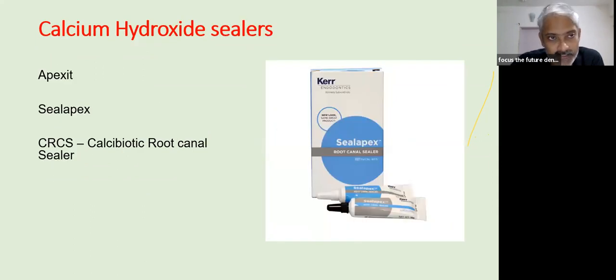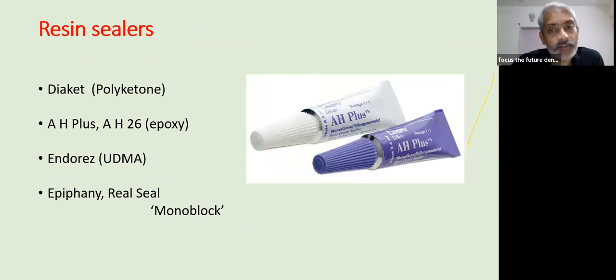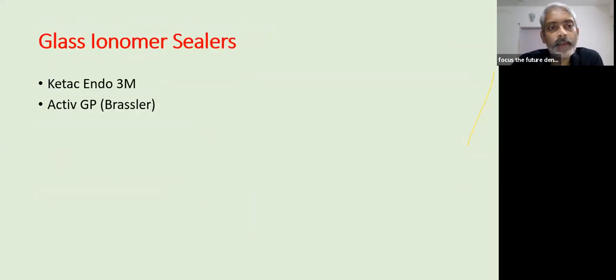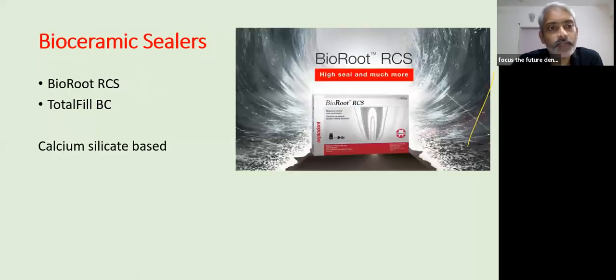Among calcium hydroxide sealers, Sealapex is the most important one. Among resin sealers, AH Plus is the most important one. Paraformaldehyde sealers are no longer used. Then glass enamel sealers, and finally bioceramic sealers, out of which BioRoot RCS is the most important. And you should know the advantages and disadvantages of each system.